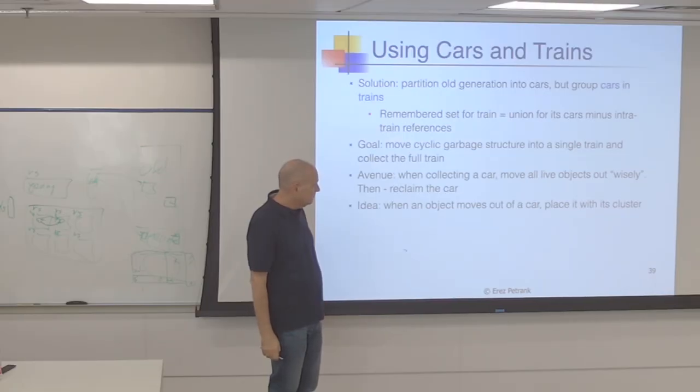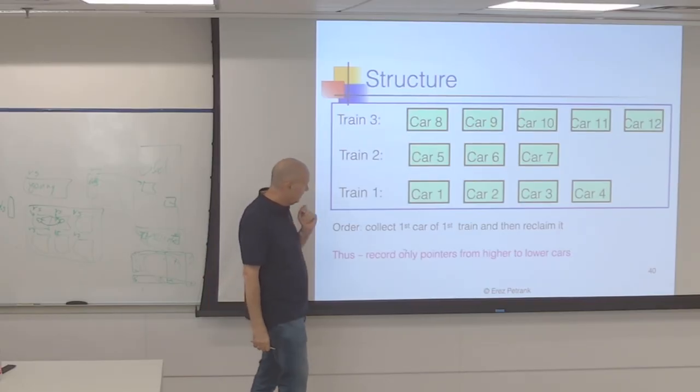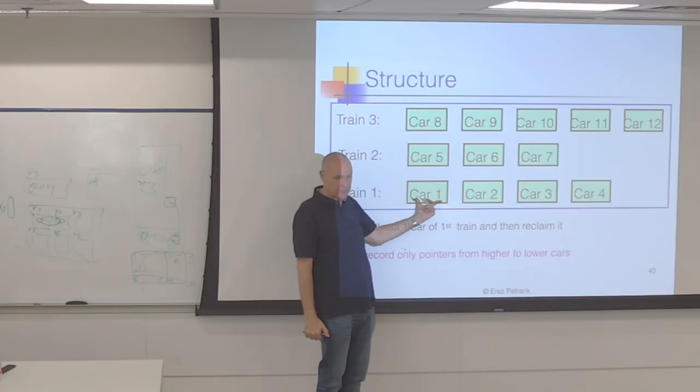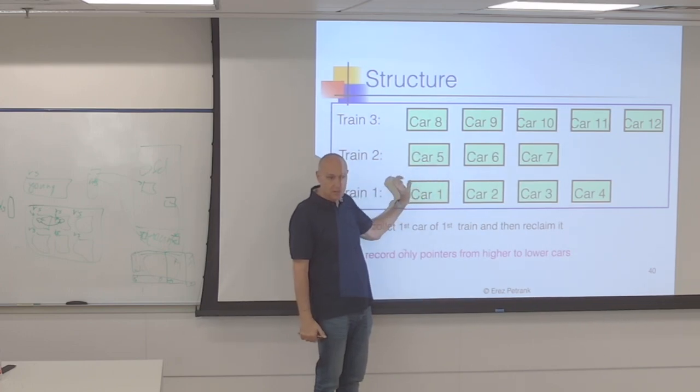And okay, so this is how it looks. I'm going to start by reclaiming the first car in the first train. And after I move all the objects that are reachable outside the car, I can reclaim this.